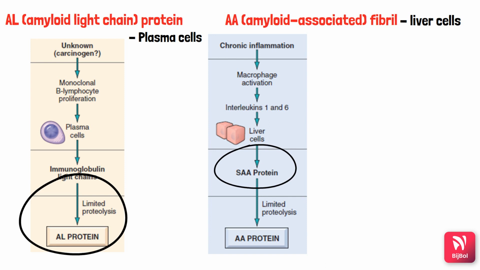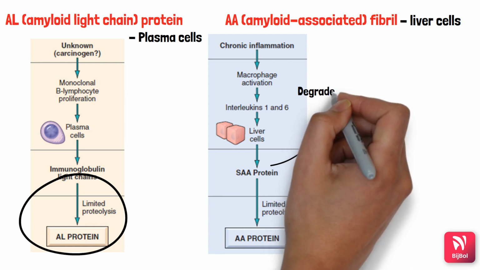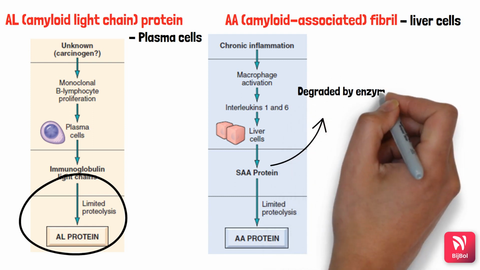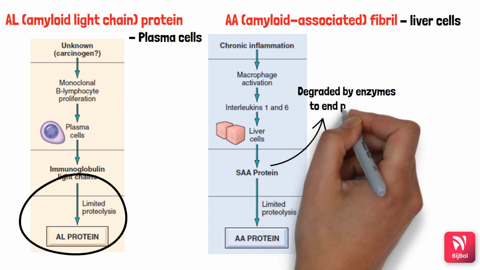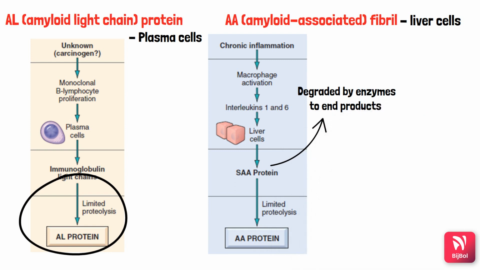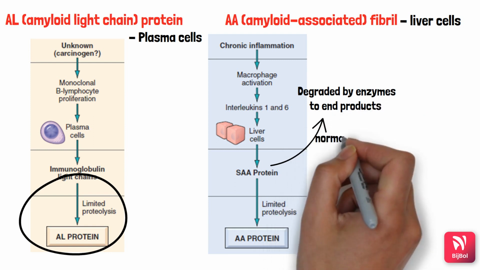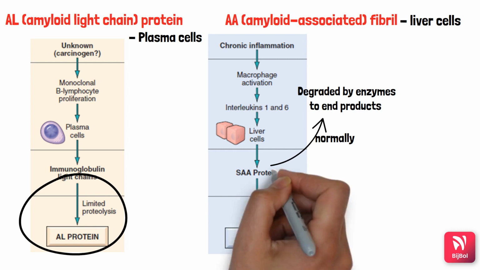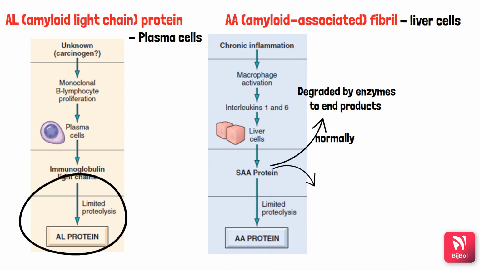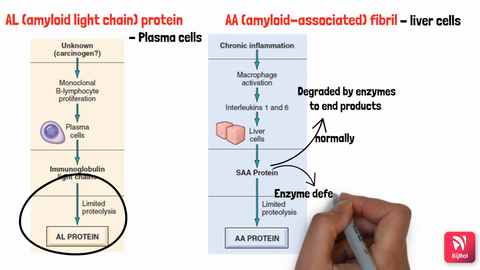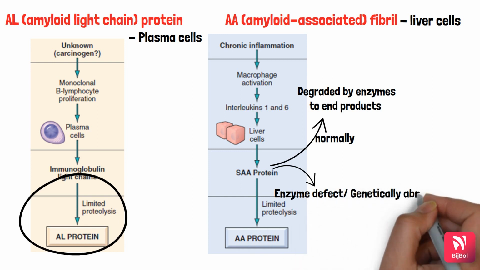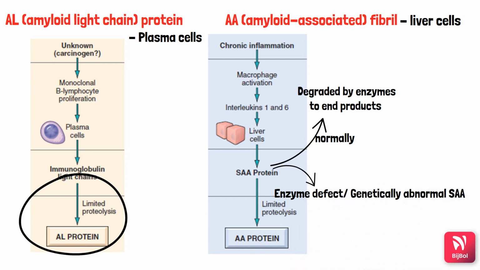Normally, whenever this protein is deposited, using some enzyme the macrophage will break the SAA into some end products, that is, it is degraded by enzymes to end products. This is how normally it will occur. But sometimes there will be a defect. It can be an enzyme defect, where the enzymes may not work properly, so SAA will get deposited, or there can be a defect in the SAA itself.